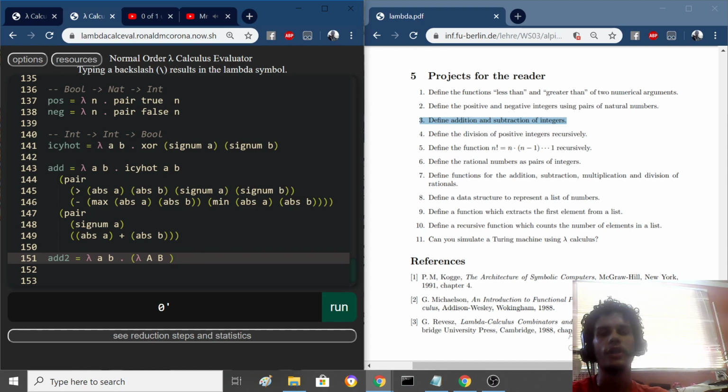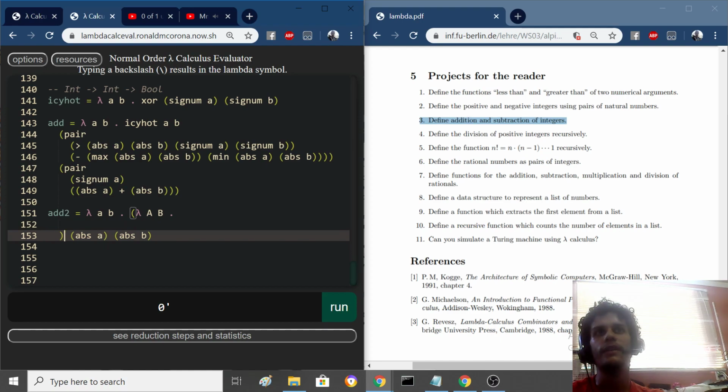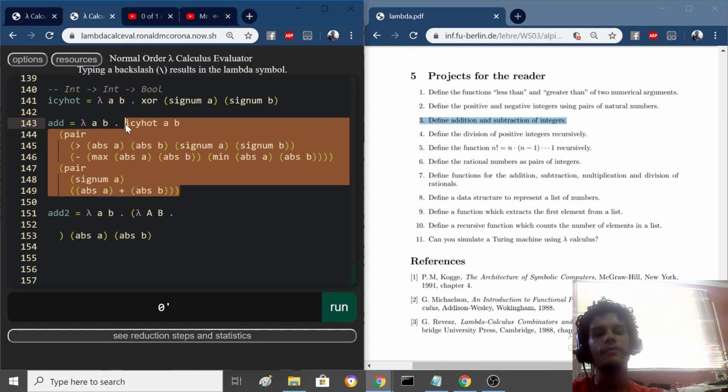It's going to return a function that takes an A and a B. And actually, we're going to immediately invoke this function and pass in abs A and abs B. So now maybe you can see what it does: it calls this function with the value of capital A being abs A and the value of B being abs B. So we can pretty much put all this same stuff in there.